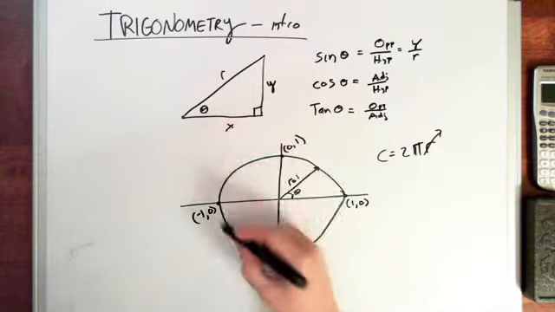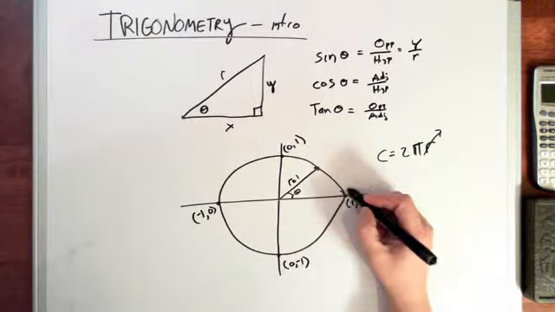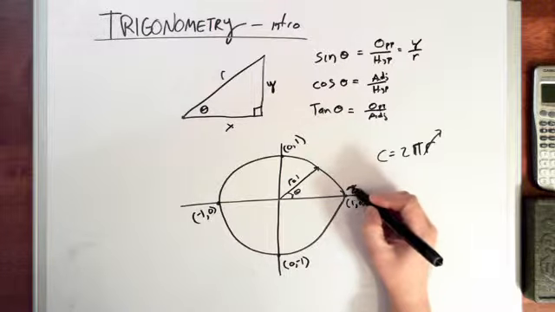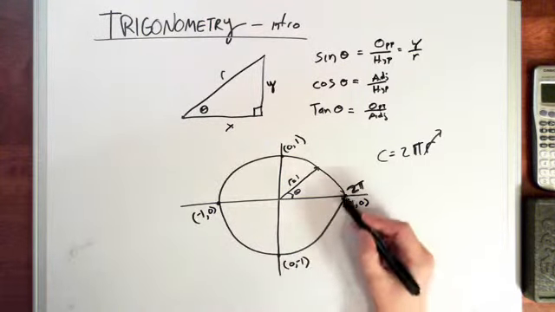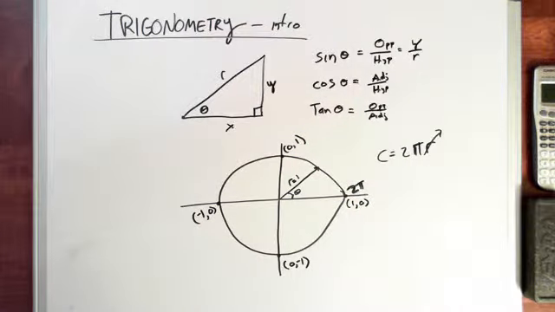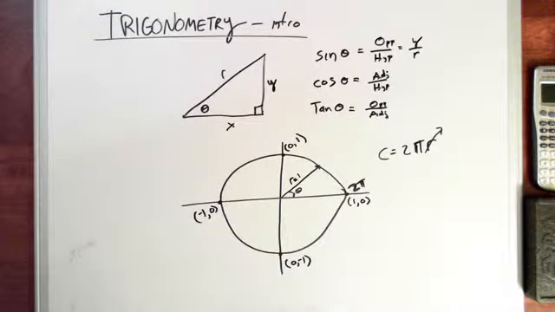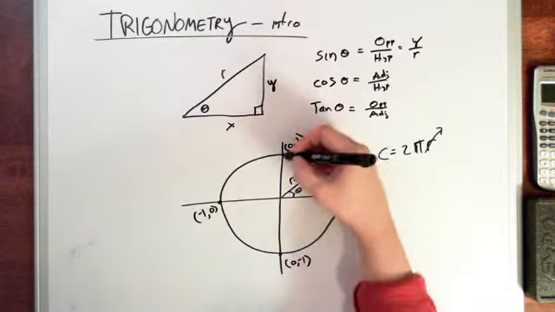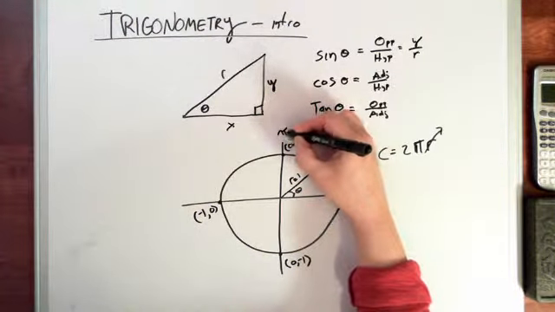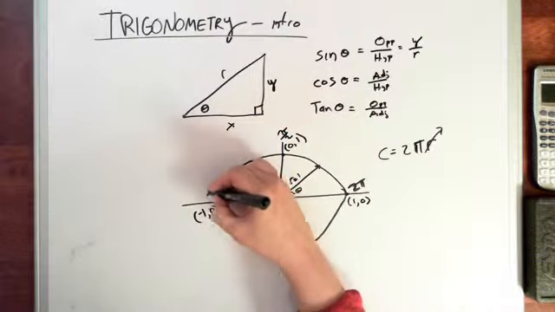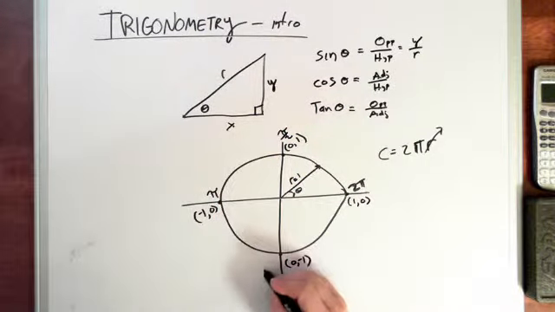So going all the way around is 2 pi, which is that complete circle, 2 pi or 360 degrees. So taking that up, if that's 2 pi, this would be half pi, this would be pi, and this would be 3/2 pi.